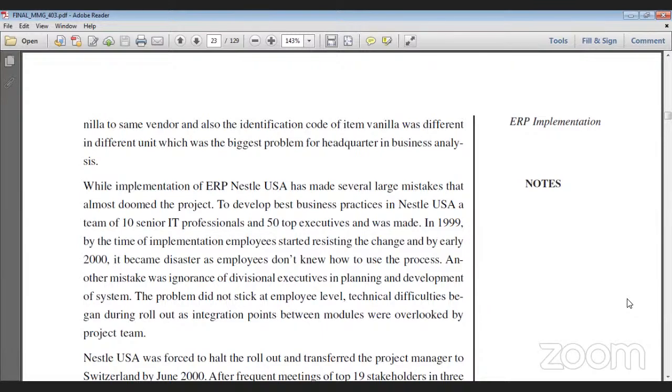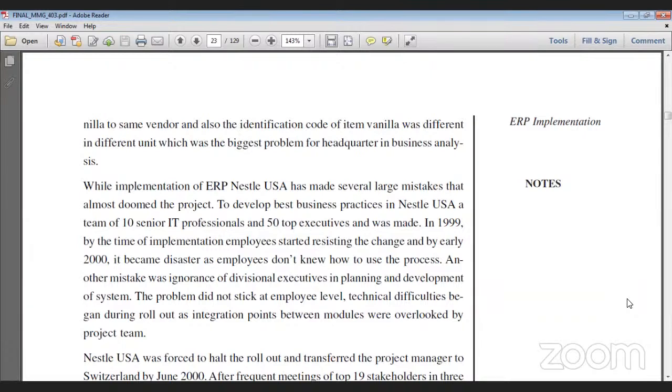While implementing ERP, Nestle USA made several major mistakes, large mistakes that almost doomed the project.